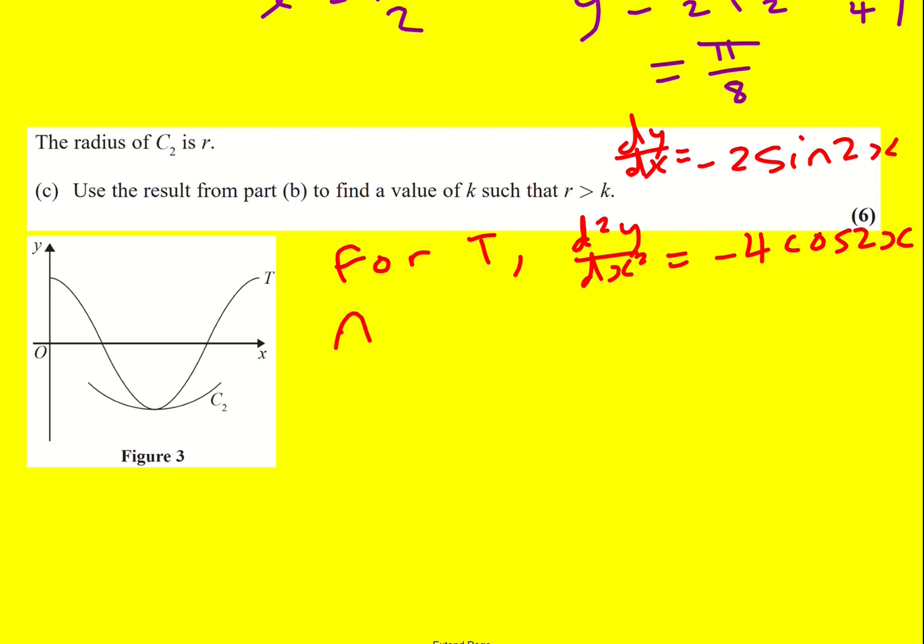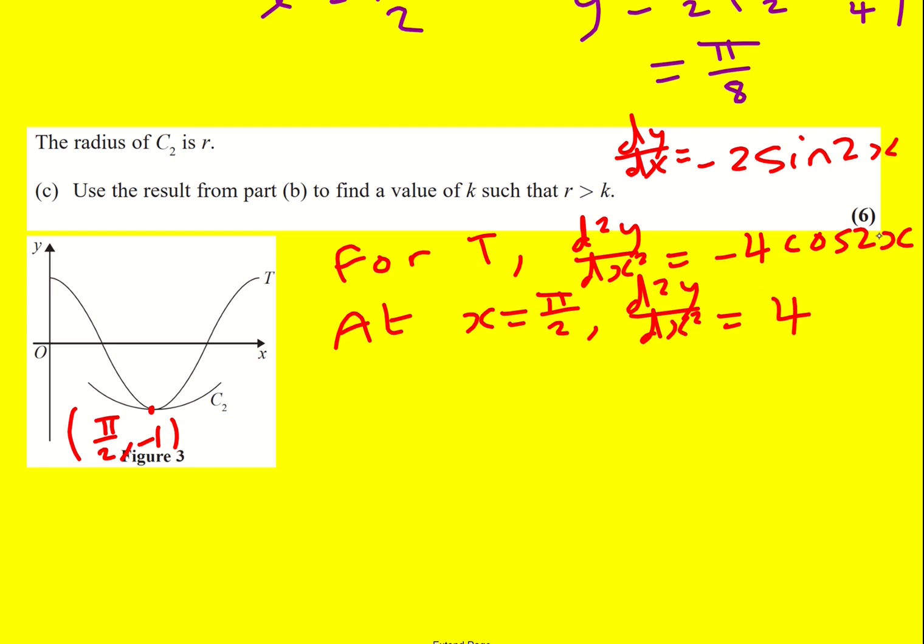And I could even look at what happens. Remember, this point here was, let's just not forget, pi over 2, minus 1. So at x equals pi over 2, d2y by dx squared will equal 4, because cos of pi is minus 1, so it's minus 4 times minus 1.